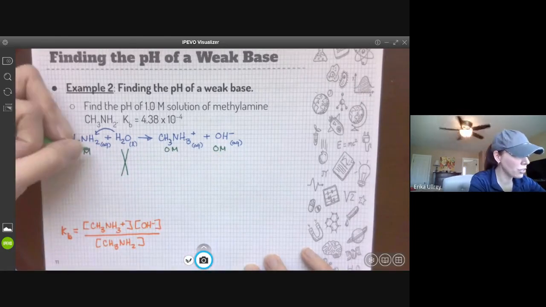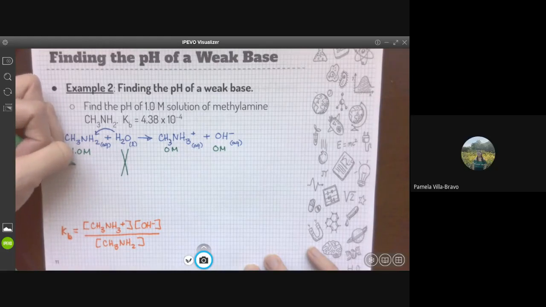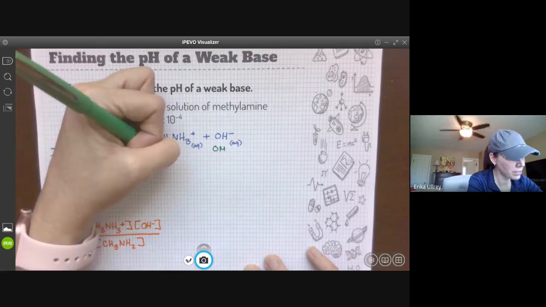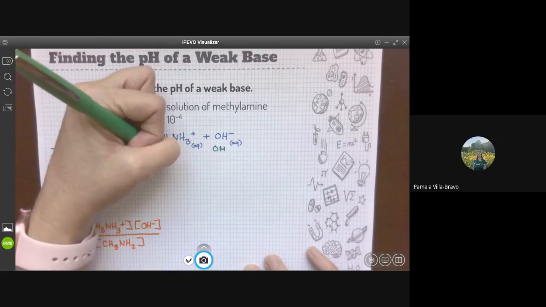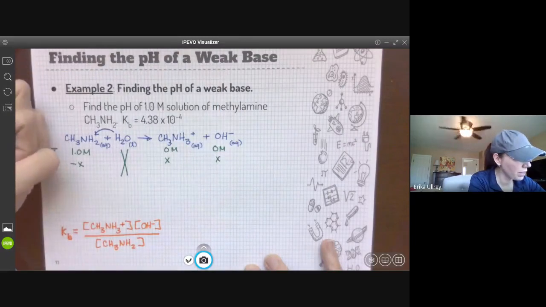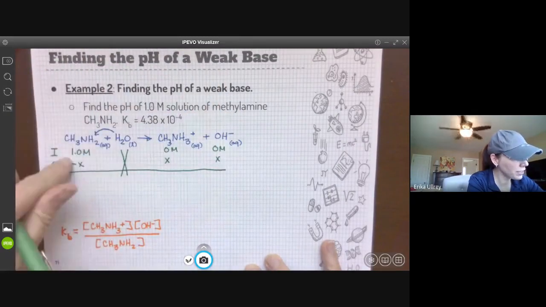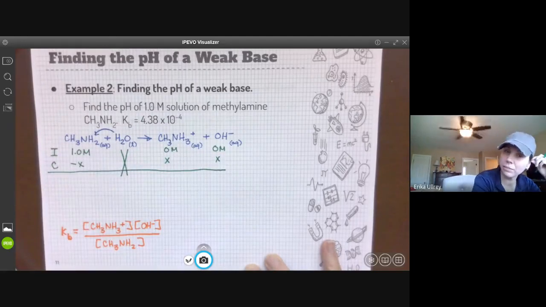Good. What is my change line going to look like? Minus X. What about this one? X and X. Good. Why is it minus X over here, but plus X over here?